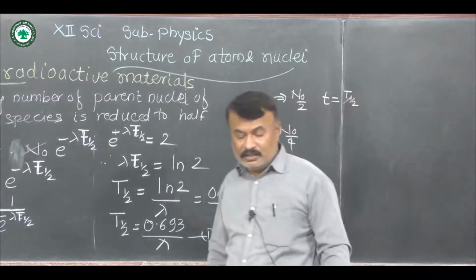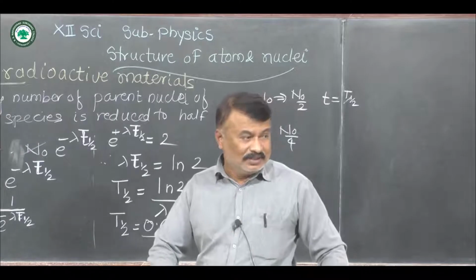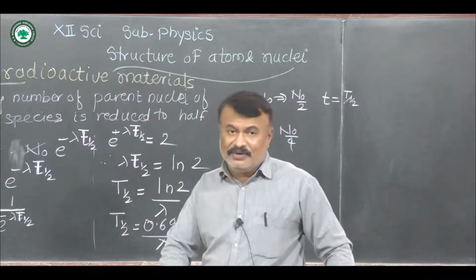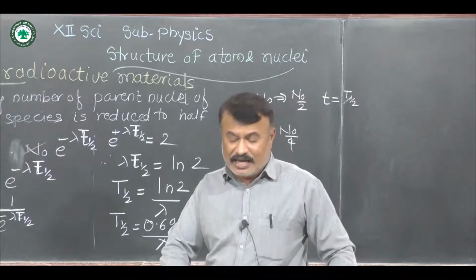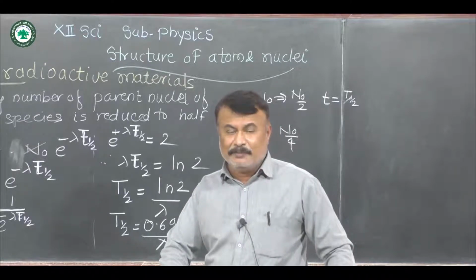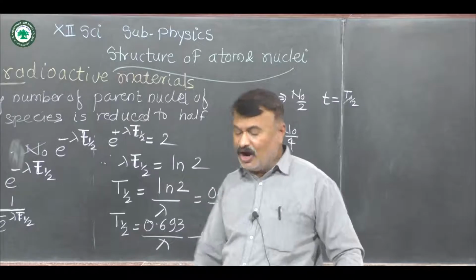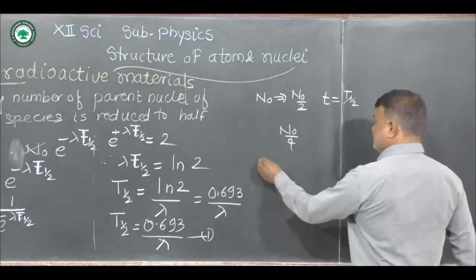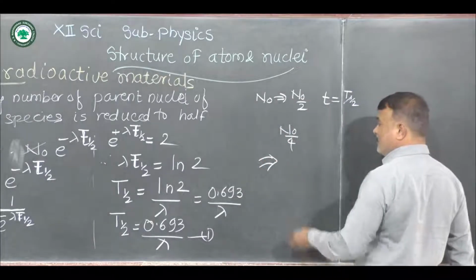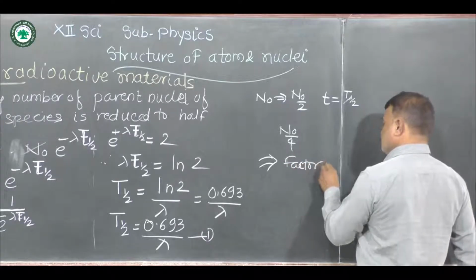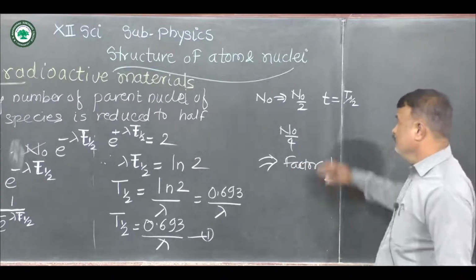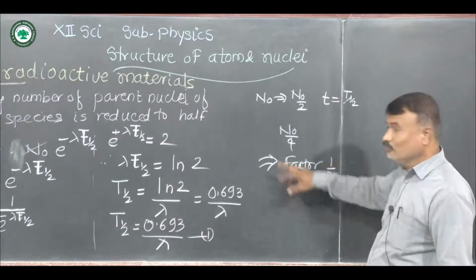Now remember that. Thus, in a time interval equal to half-life, the number of parent nuclei reduces by factor of half, means 1 by 2, 1 by 4.